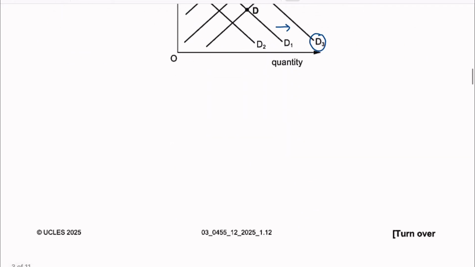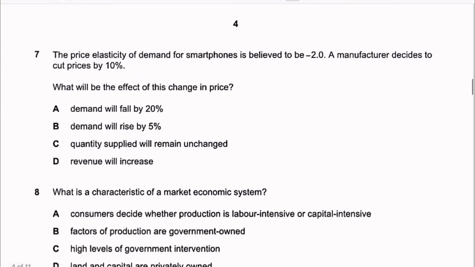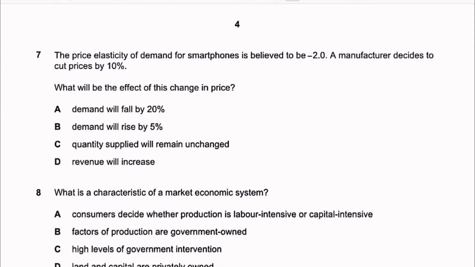Moving on to question 7. The price elasticity of demand for smartphones is believed to be negative 2.0. A manufacturer decides to cut prices by 10%. What will be the effect of this change in price? First, write down the formula. PED equals percentage change in quantity demanded divided by percentage change in the price.